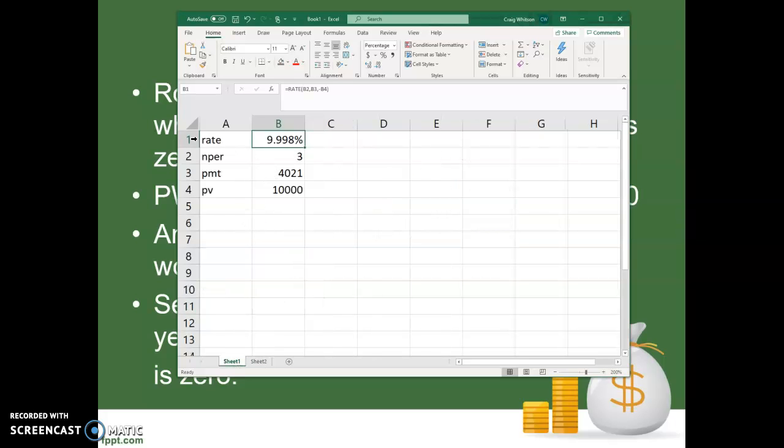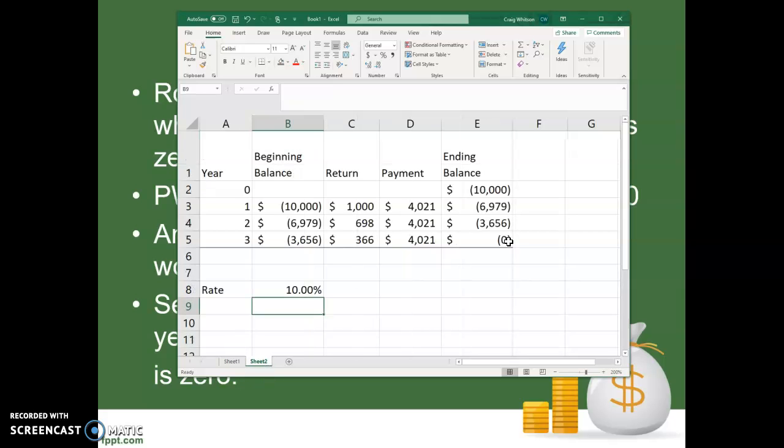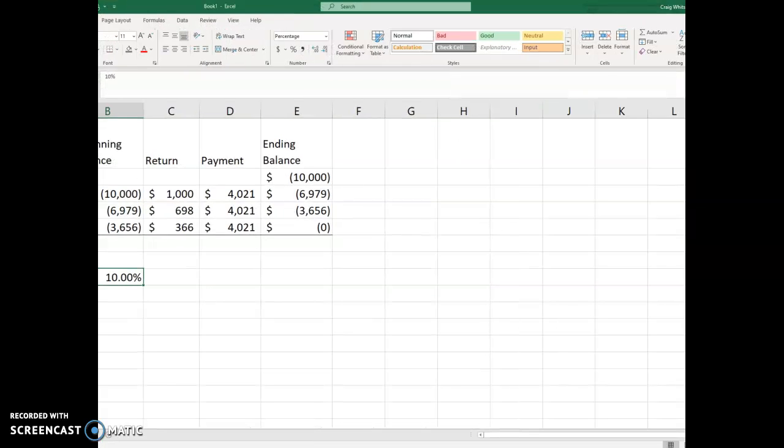Okay, so we can either calculate it using this rate function like we did here, or we can do this with either guess and check, sort of trial and error, or we could use Solver to do that for us. Let me do that real quick.